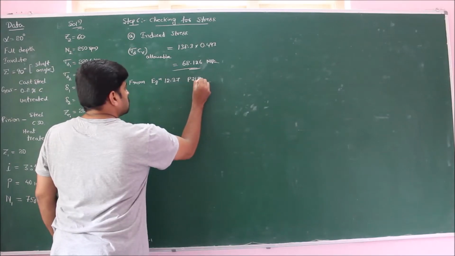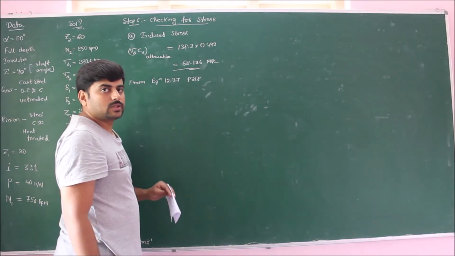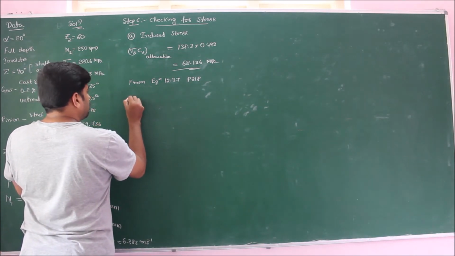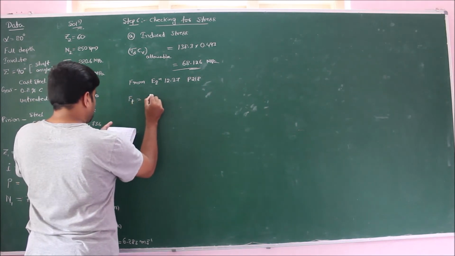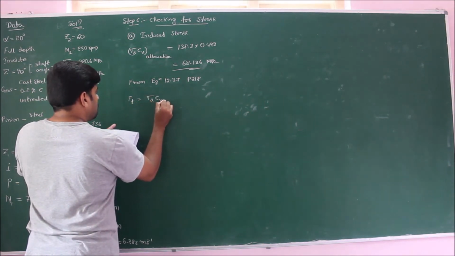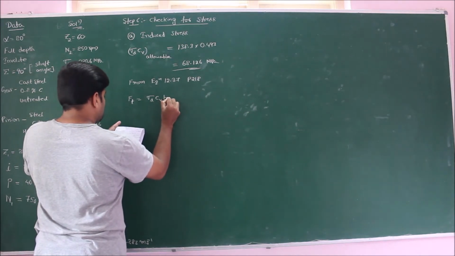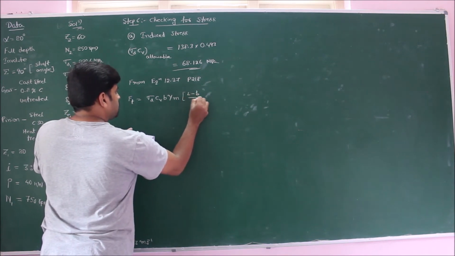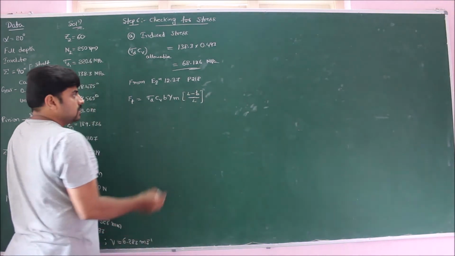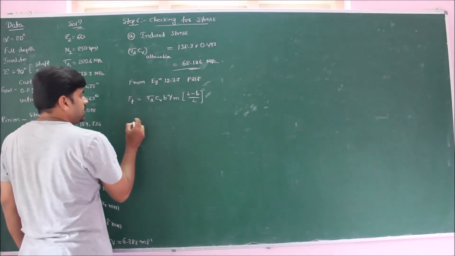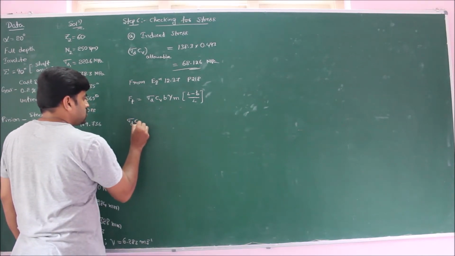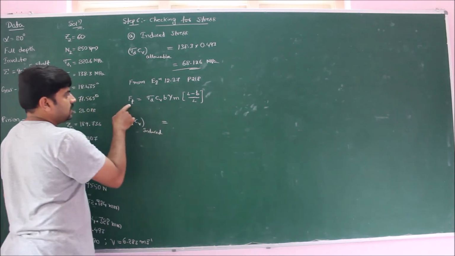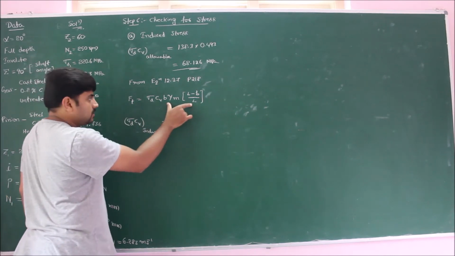Now to find the induced stress, from equation 12.37, page number 218, the same equation which we have used to find the module, we have the formula for Ft as Ft is equal to sigma d Cv B capital Y M L minus B by L. So rearranging the terms to find the value of sigma d Cv induced, I will get sigma d Cv induced as Ft divided by this term.